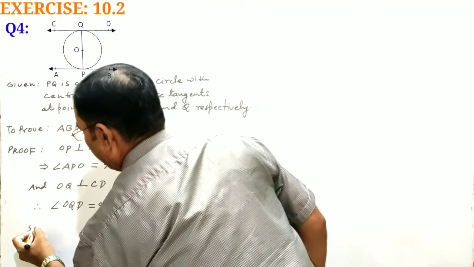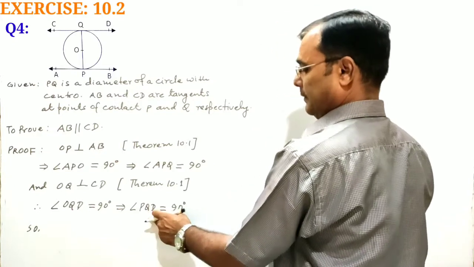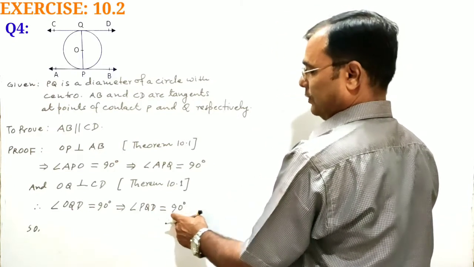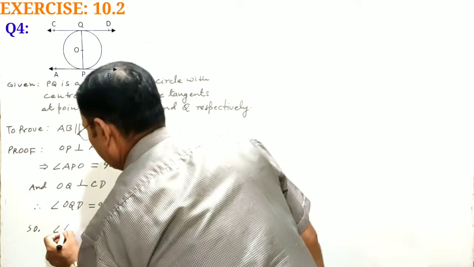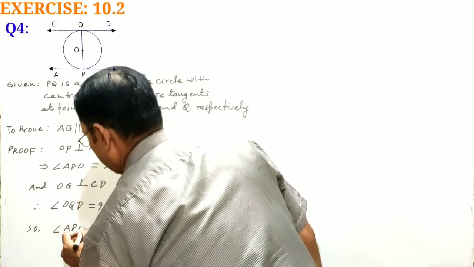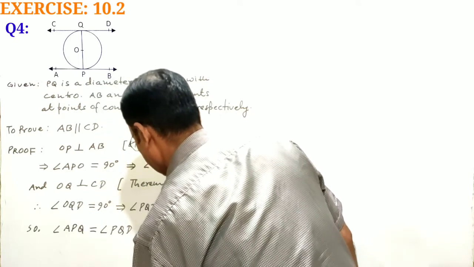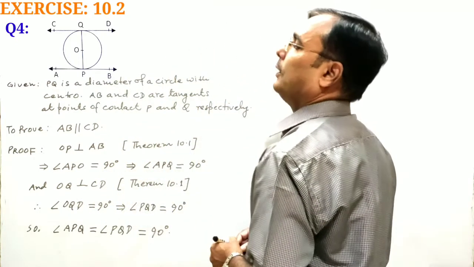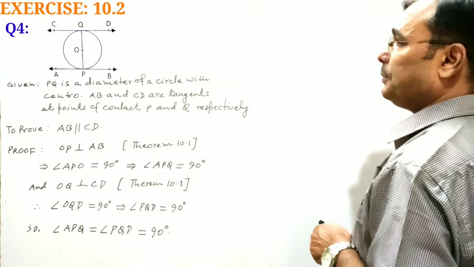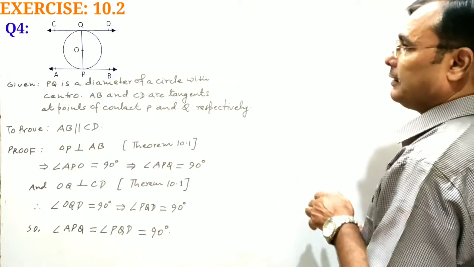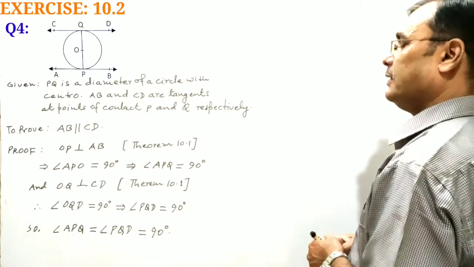So, here angle APQ equal to 90 degrees and here angle PQD is equal to 90 degrees. So, we can write angle APQ is equal to angle PQD, 90 degrees each. But see in this figure, angle APQ and angle PQD, they are forming a pair of alternate interior angles with transversal PQ.